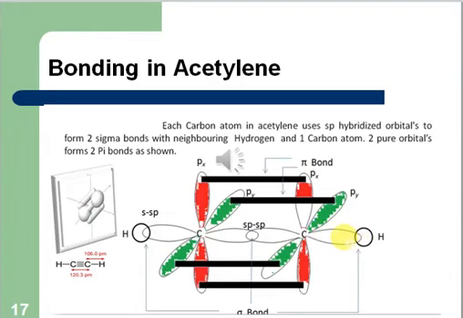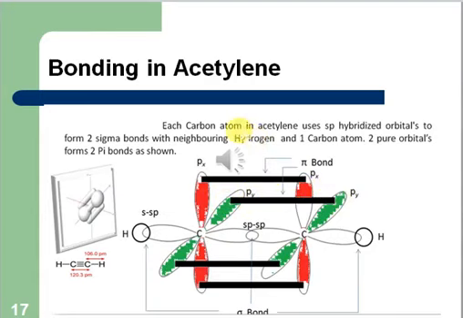What remains are the 2 p orbitals that didn't participate in bonding. First, that's a px orbital shaded in red, and here that's also a px orbital shaded in red. Both of these are parallel to each other, so they will overlap parallelly and form a pi bond. Similarly, this is a py orbital, and this is also a py orbital, and both of these will also overlap parallelly to form a pi bond.